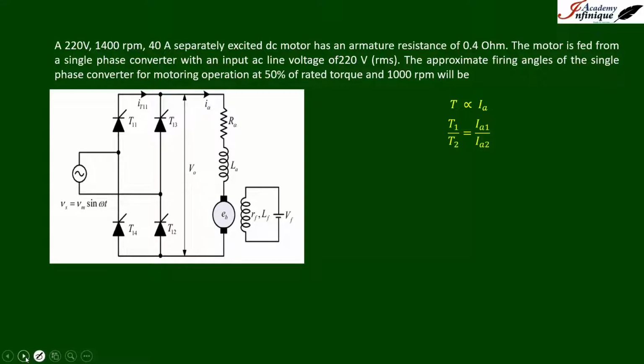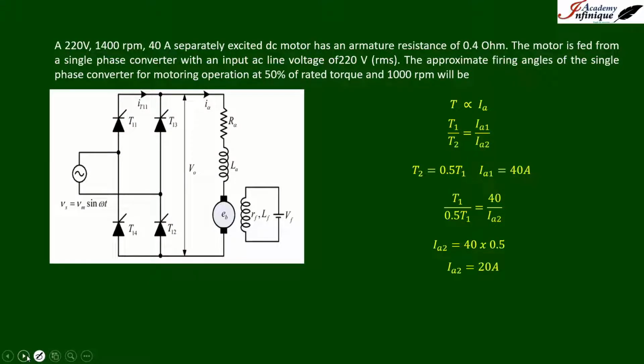Now, if condition 1, that means rating, and condition 2, that means case 2, are correlated, then T2 equals 0.5 of T1, and in case 1 current is 40 ampere. If we put this value, it will finally give the case 2 armature current, that is 20 ampere.